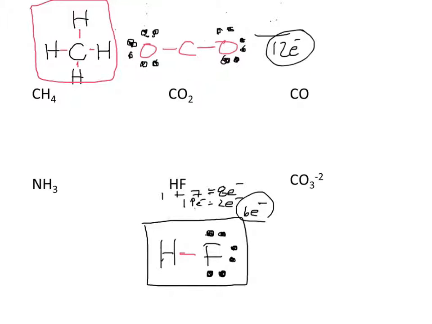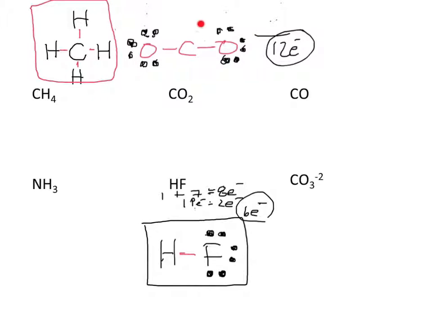Okay. So now we have to do the following. When we do this, we need to make sure that we have the correct octet around each one. So let's look at the oxygen first. And since they're both the same, we're just going to look at one.